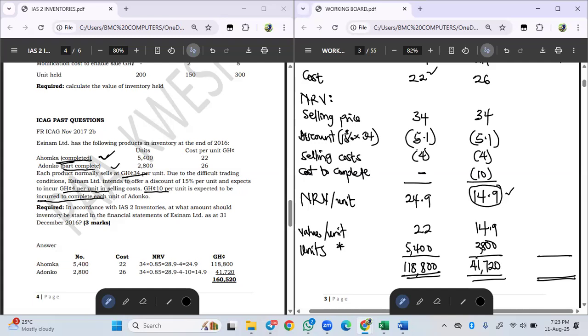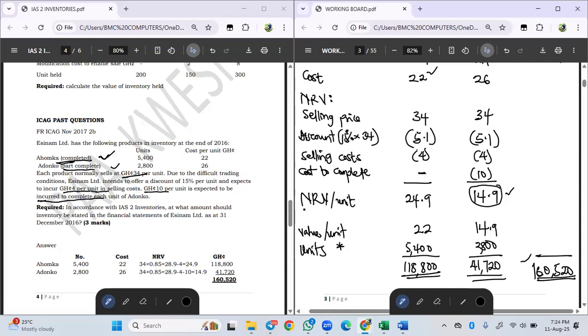So please let's add it. We have a total of 160,520. Okay, so what is the total cost? The amount that should be stated in the financial statement.